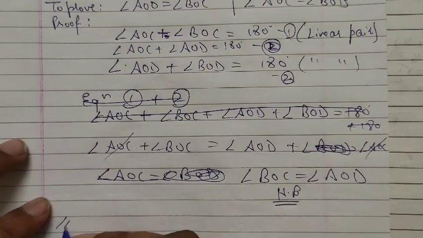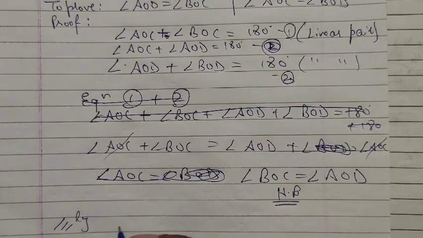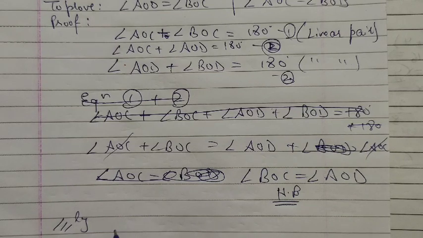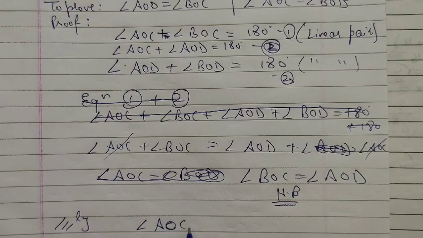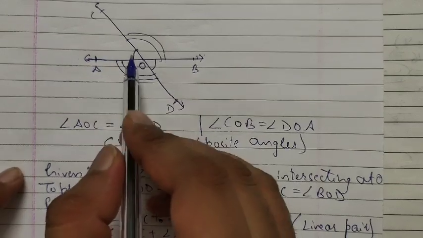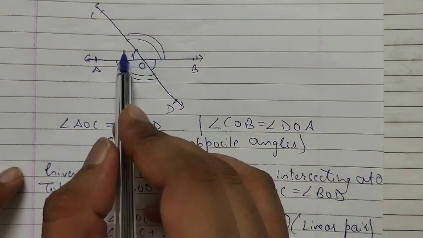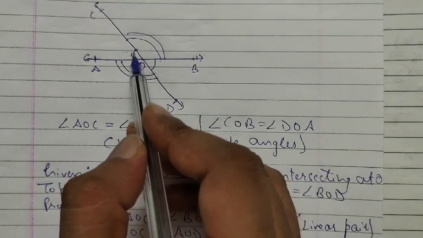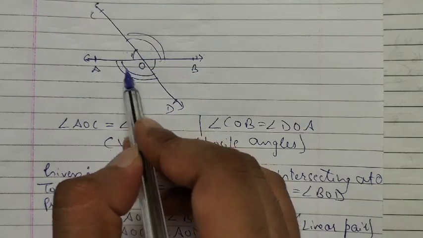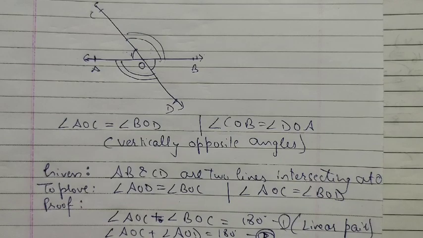Similarly, you can write down completely that angle AOC is equal to angle BOD. So what we have done in this is simple: just add these two angles, it will be equal to 180. Add these two angles, it will also be equal to 180. On comparison, just cancel out the same angle, so this angle will be equal to this angle clearly.